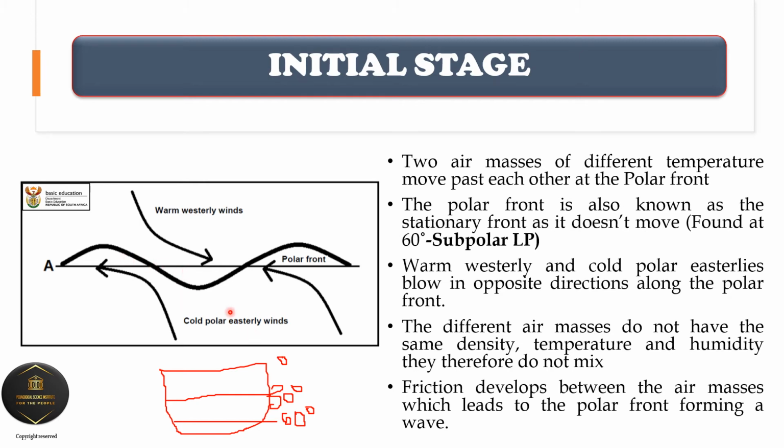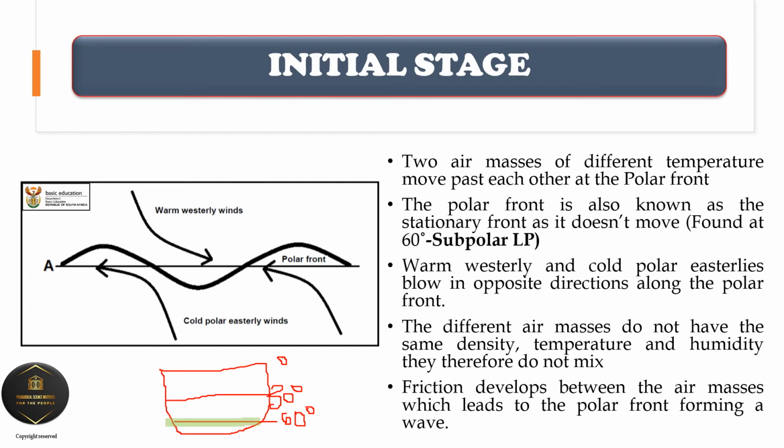Now we said what will happen is that the cold polar winds, as shown in this diagram, will move in the opposite direction, from the east to the west, and the westerly winds will move from the west to the east. Now where are they going to meet? The two air masses will meet here.